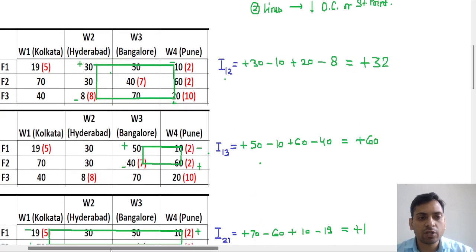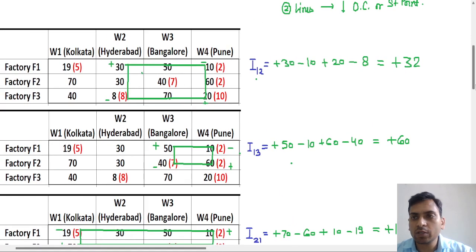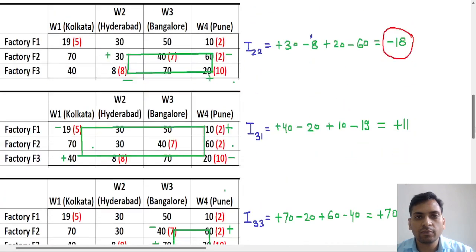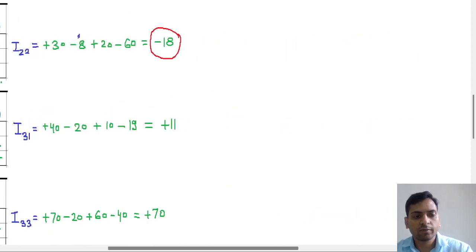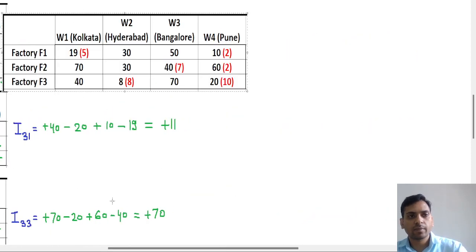So for stepping stone, what we will do? Okay, so we will work only on this one. So in this block, we will do some adjustment for this block only because this is minus 80. Okay, so I am copying blank table once again for this adjustment.